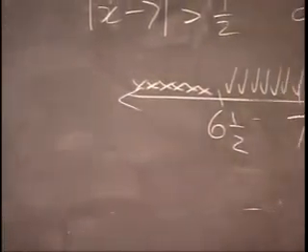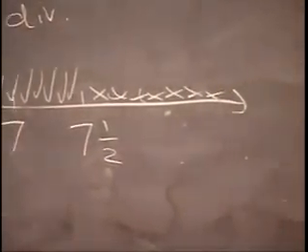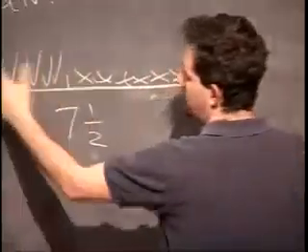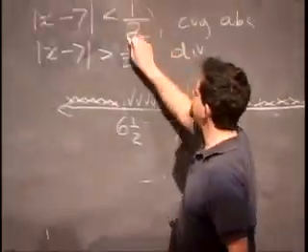So what's the radius of convergence? No, 7 is the center. 1/2 is the width of this, or the diameter is 1, but the radius is a half, and it's just this number here.